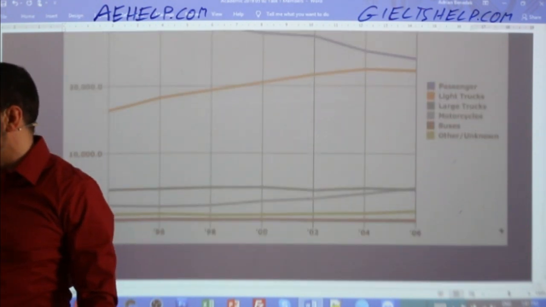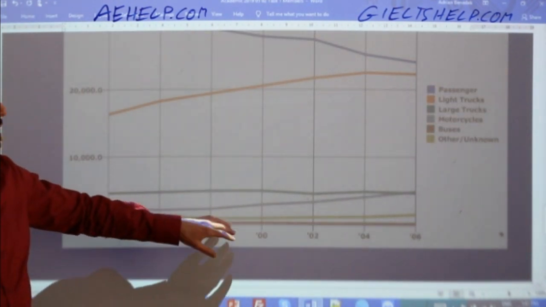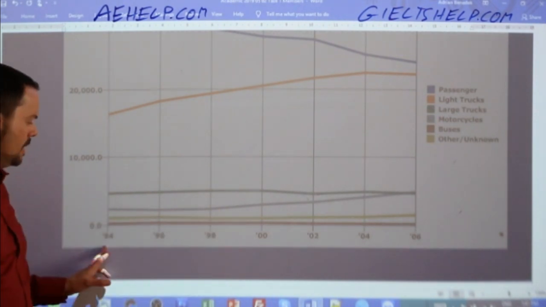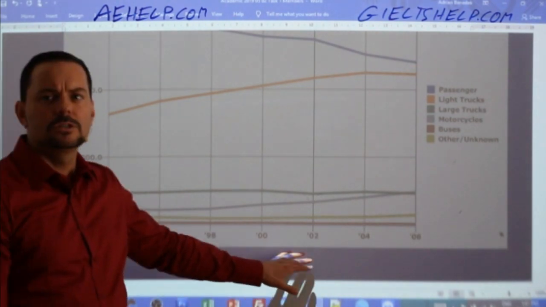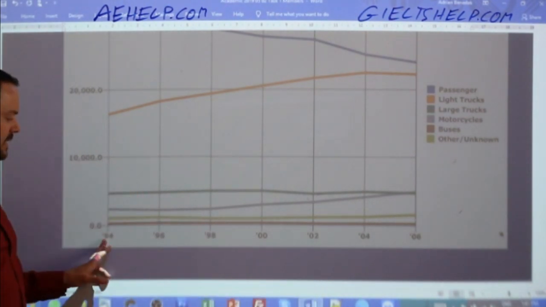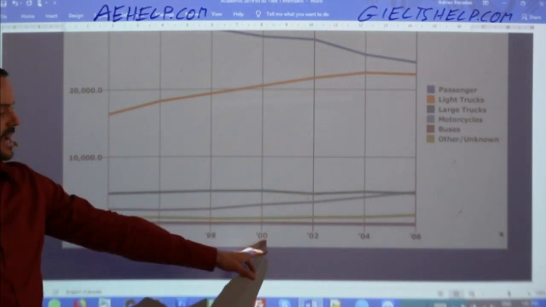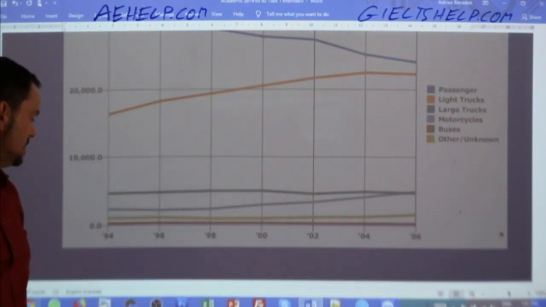And then below we have large trucks, motorcycles, unknown, and then the last one, the red one, is buses. At the very bottom here, can you see those numbers, members? It starts with 1994, then it's 96, 98, 2000, 2002, 2004, 2006.